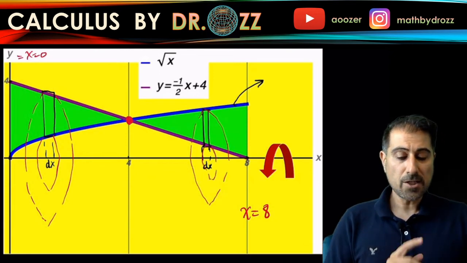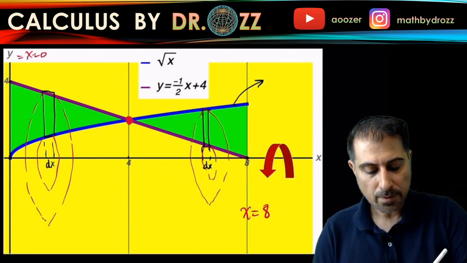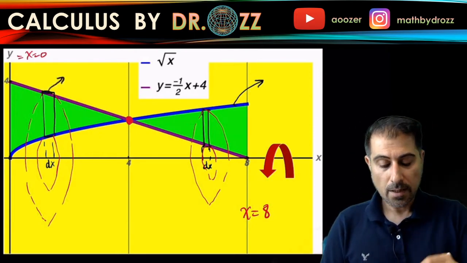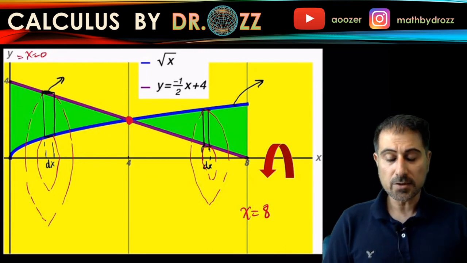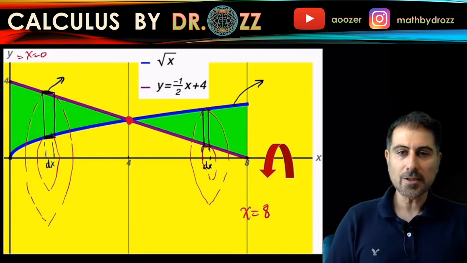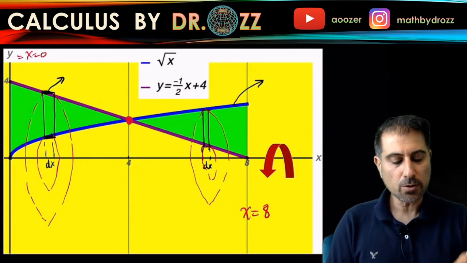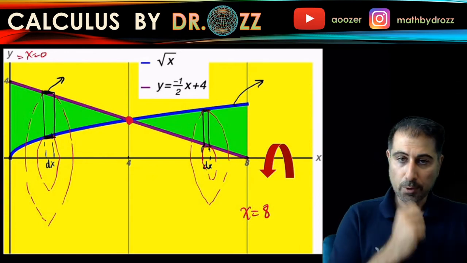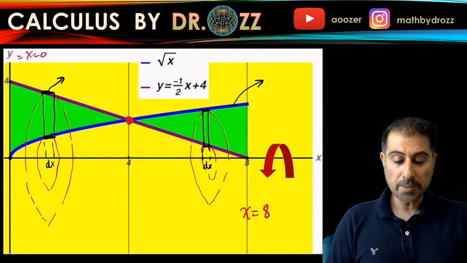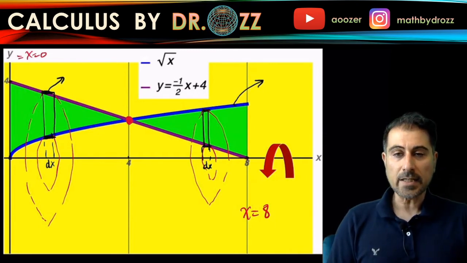But the major difference here is that the top part of this slice touches the purple line, and the bottom part touches the blue curve. Okay, and in the other region, the second region, it is the other way around. The top touches the blue curve, and the bottom touches the purple curve, starting from the intersection. So that determines the inner and outer radii in each case separately.